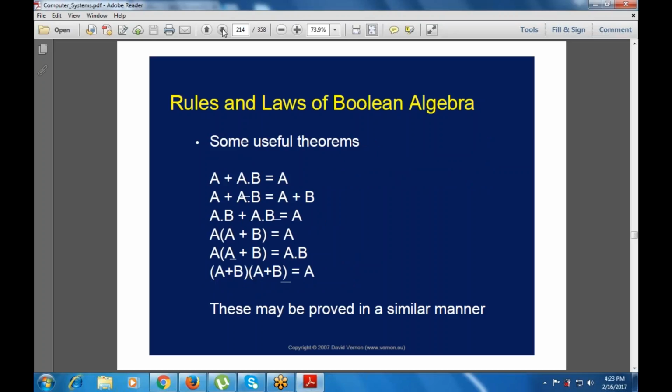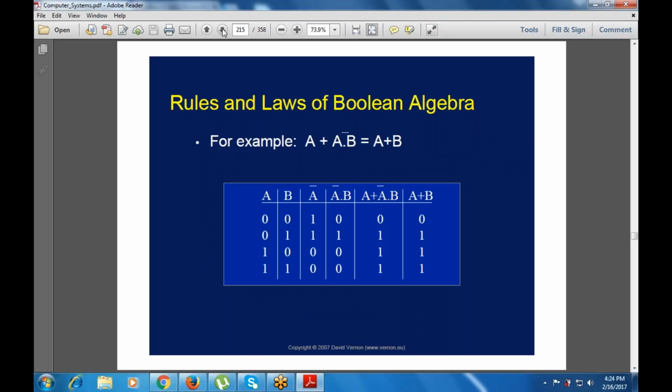Then these are the useful theorems. That may be associative, that may be commutative. So this is A plus A into B equals A, and A plus A dash into B equals A plus B. And these may be proved in a similar manner. For example, we take two variables: 0 0, 0 1, 1 0, and 1 1.